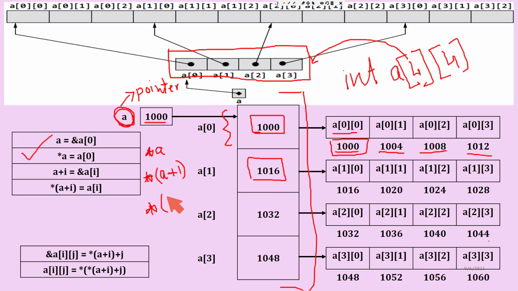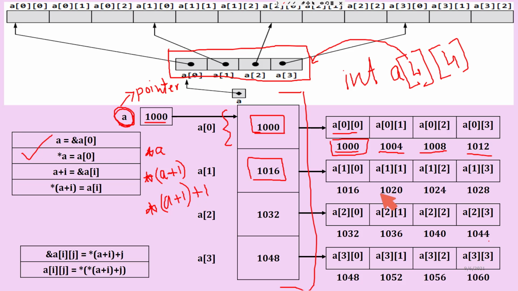I am writing one more thing: star A plus 1 plus 1. What is star A plus 1? 1016, sir. What is 1016 plus 1? 1020.